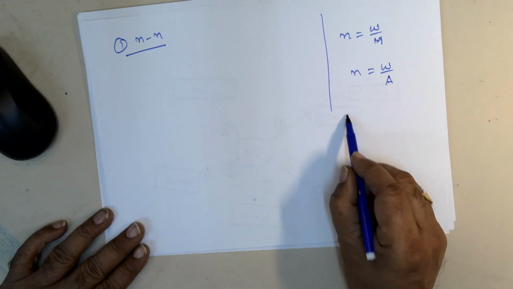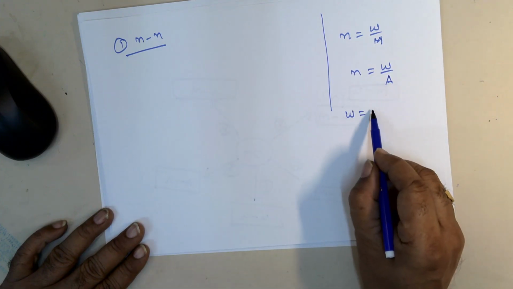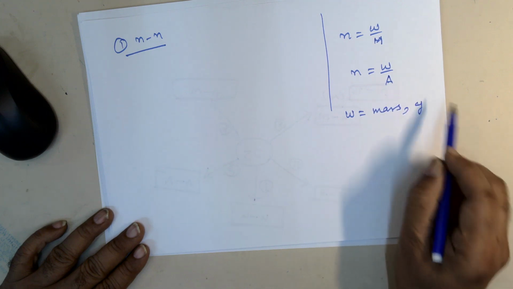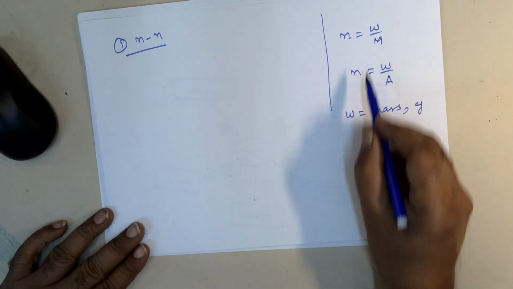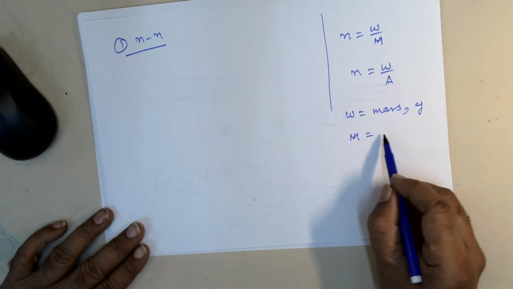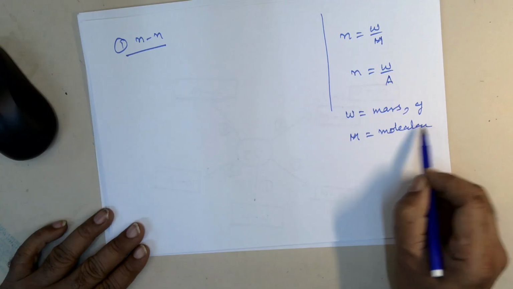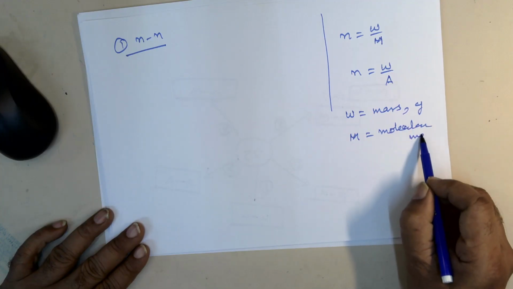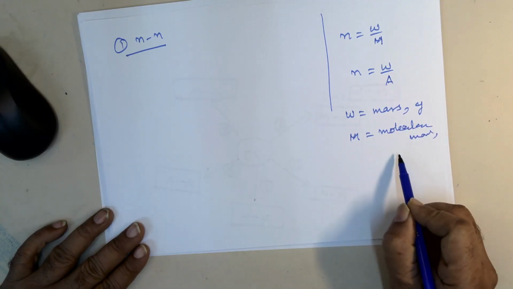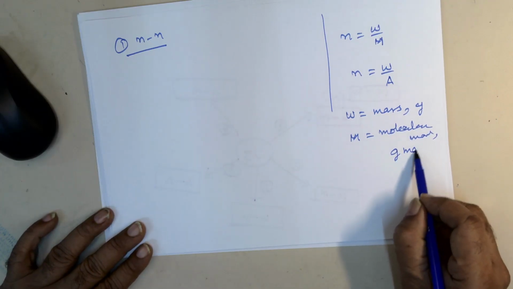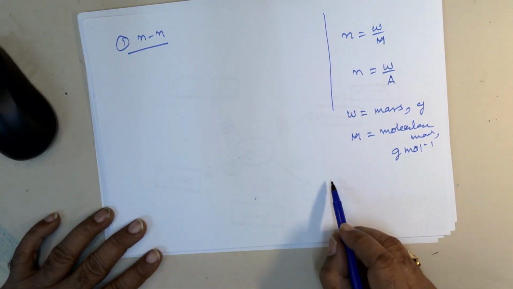So what is W? That is the mass or weight in grams, and molar mass is capital M. This is molecular mass. What is the unit? Gram. Very good. Gram per mole.